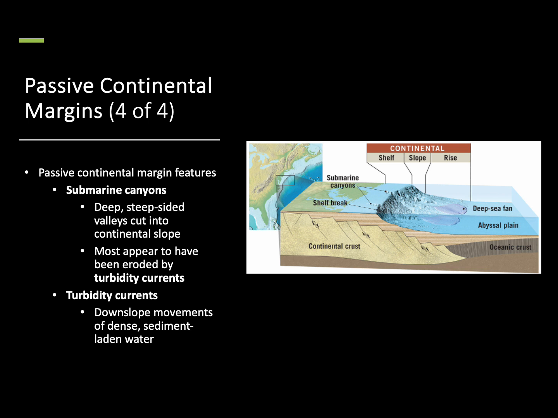So when we have areas where we have lots of sediment in our water, again, especially where we have rivers discharging into our oceans, we can have submarine canyons develop. And just like our Grand Canyon, these are going to be really deep, really steep-sided valleys that are cut into the continental slope, where all of that water and sediment is being moved downhill due to gravity.